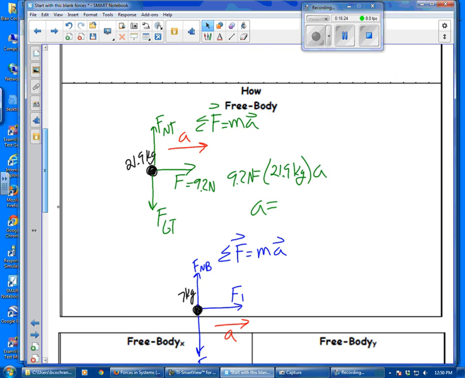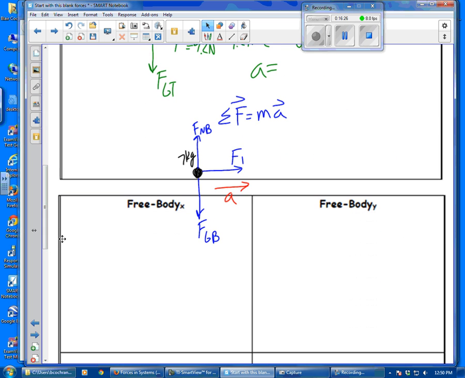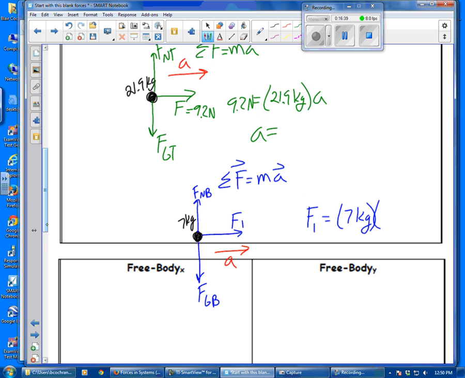Yeah. And so now writing that same thing, but in mass symbols, I get F1 equals the mass, which is 7 kilograms, times the acceleration, which is whatever I figured out up here. And I can find out what F1 is.